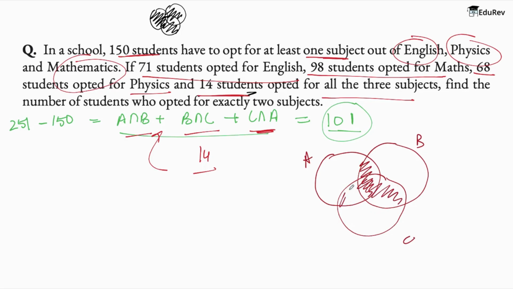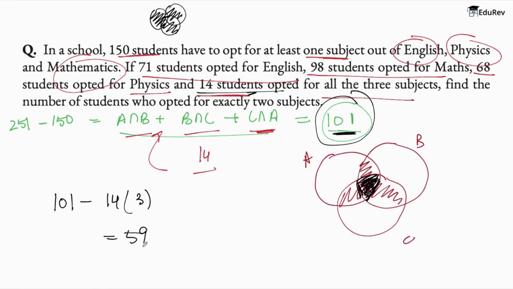And your C intersection A you have included all this part. Don't you think that the middle portion is included 3 times and you do not want to include the middle portion? So out of your total number you need to subtract the middle portion thrice. The value of the middle portion was 14 because 14 people opted for all three subjects. So you need to subtract 14 three times from the total number, that is 101 minus 14 times 3, which is going to be 59 students.